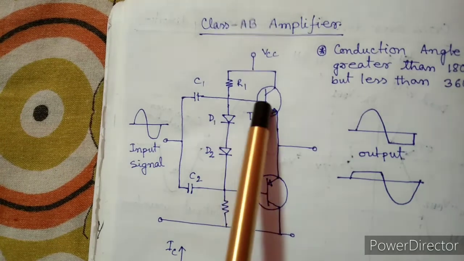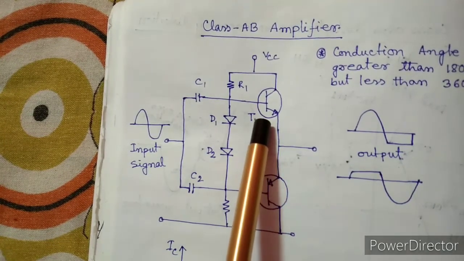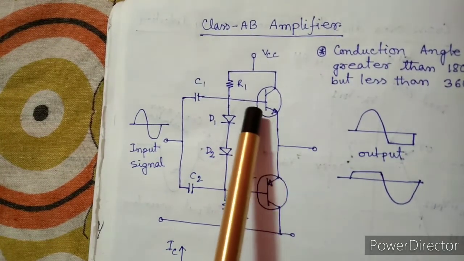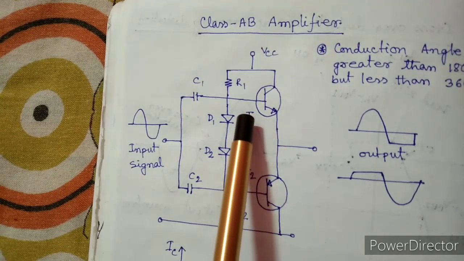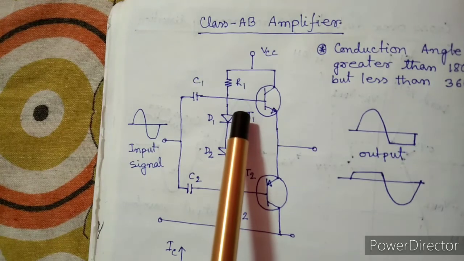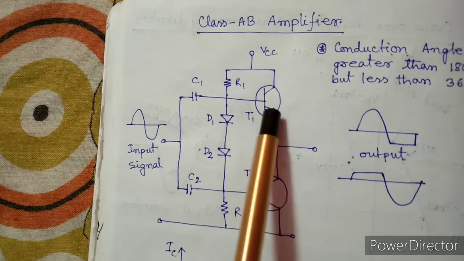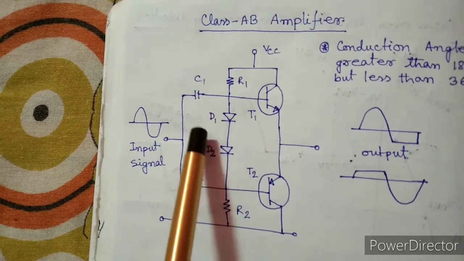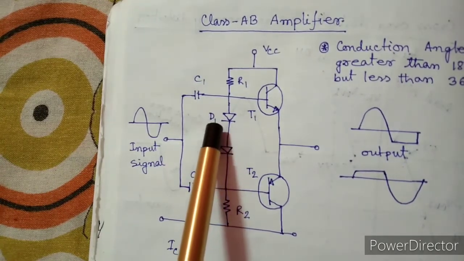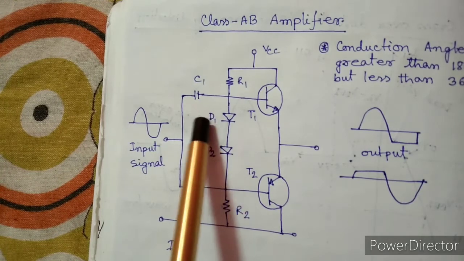Due to that 0.7 potential drop across the base emitter, we are getting the crossover distortion problem. So, we are using here two silicon diodes, which have a forward bias potential drop of 0.7 volt.